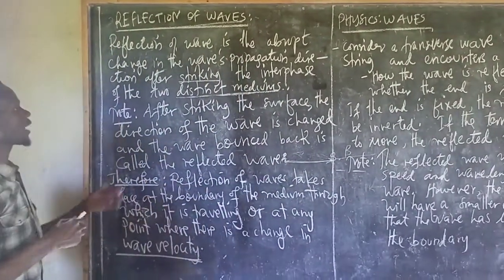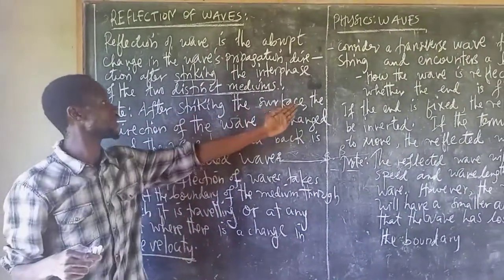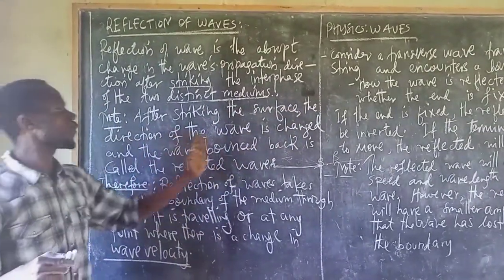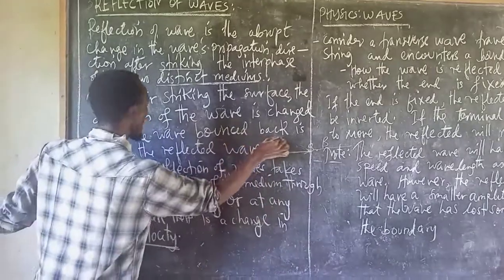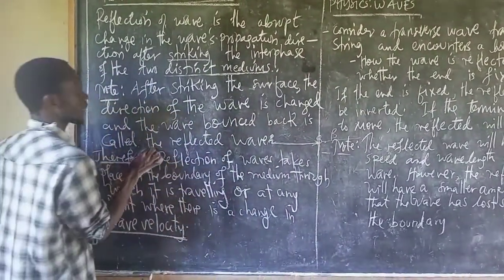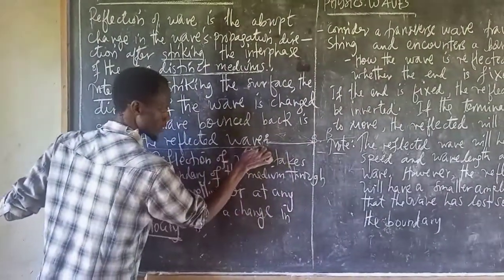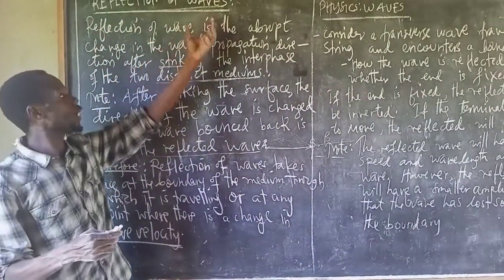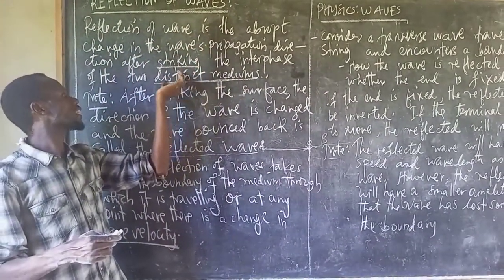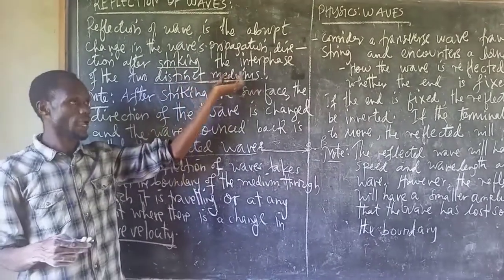That is why we say after striking the surface, the direction of the wave is changed and the wave that bounced back is called the reflected wave. So this is due to the fact that there are two different mediums.